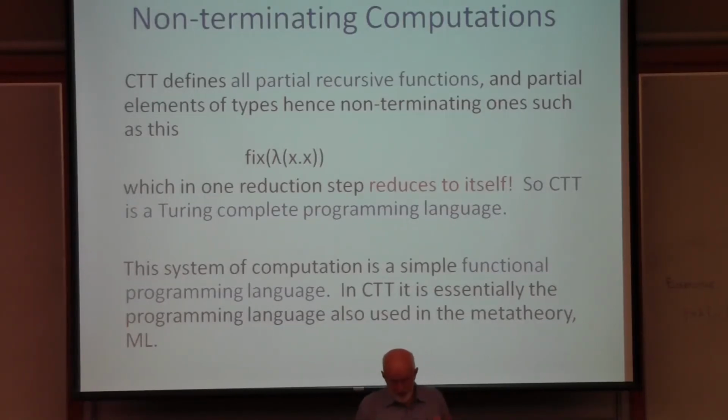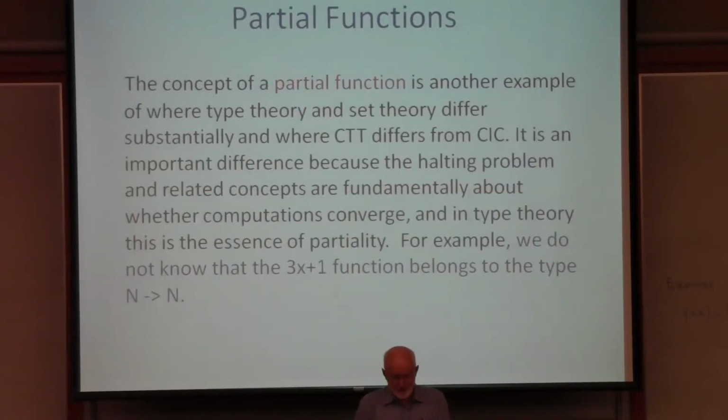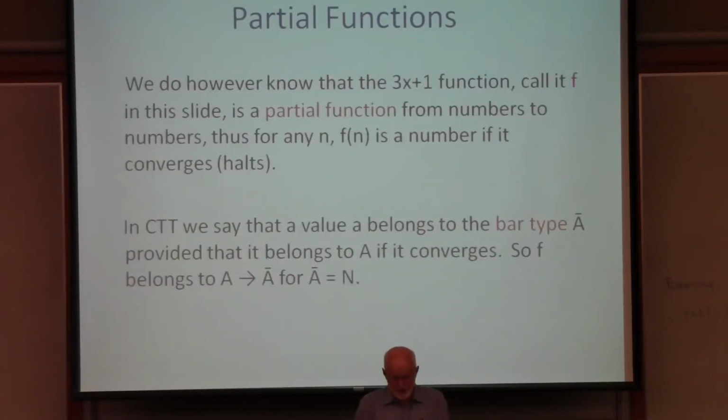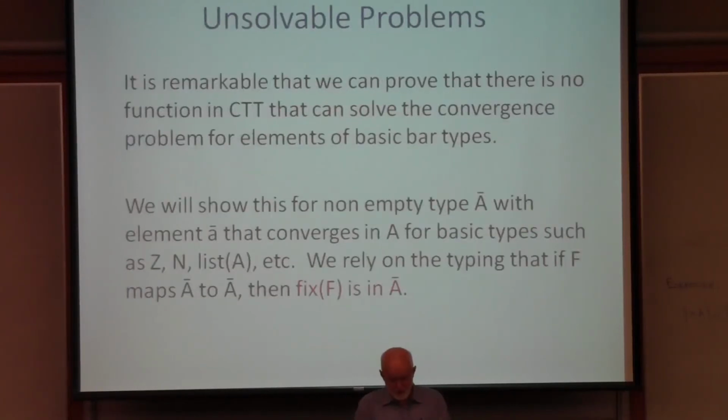That's bottom. Now here comes the simplest argument in the world, that this is all just partial functions. You guys know all this. So here's the way the notation works. We want to type this fix operator.